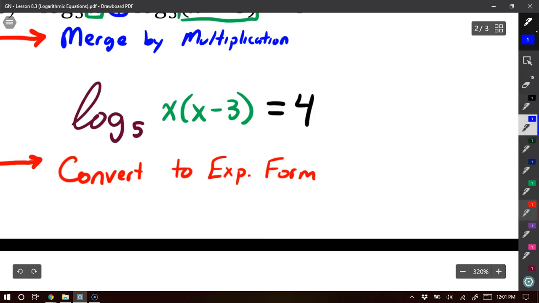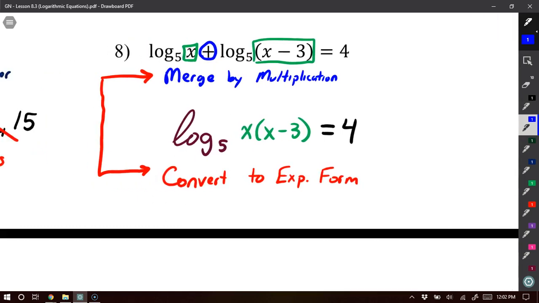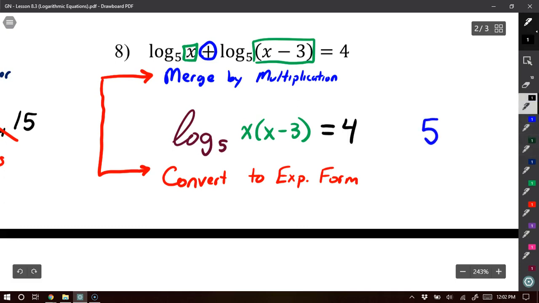And to convert to exponential form, you need to remember your question, left to right. Instead of saying the word log, I'm going to say, what power of 5 gives me x times x minus 3?